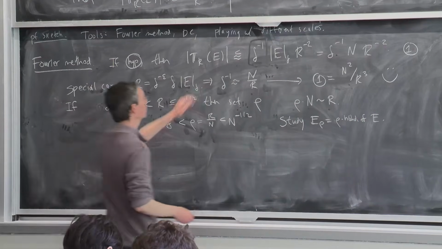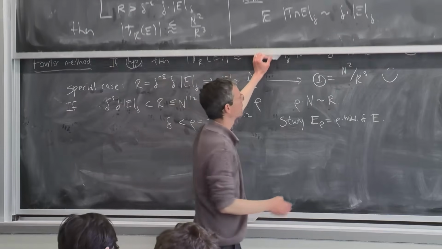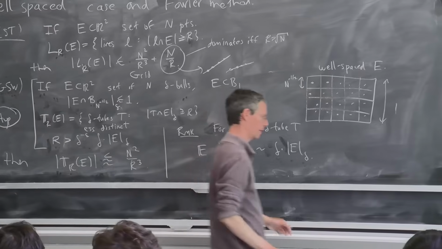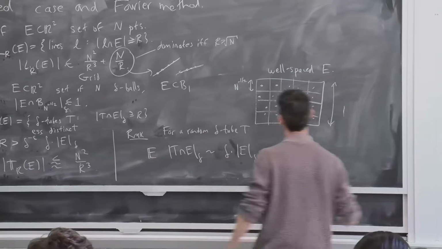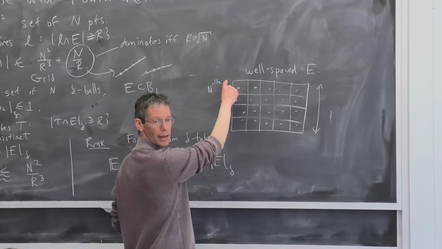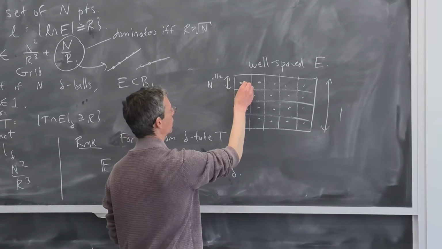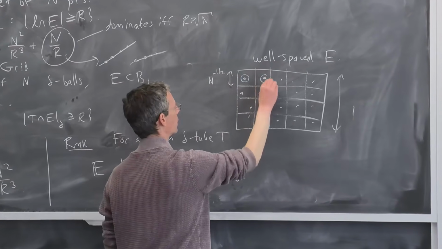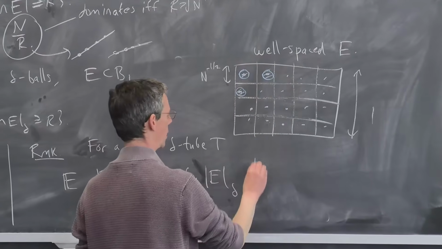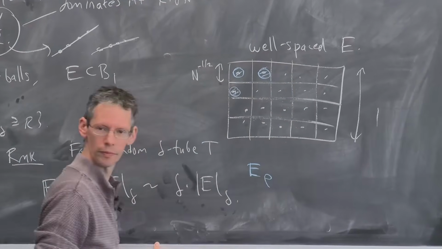So let's make a picture. Here is the picture of our well spaced set E. And then we're going to have a scale rho, which is smaller than this scale n to the minus a half, but bigger than delta. And we'll look at that guy, E rho.